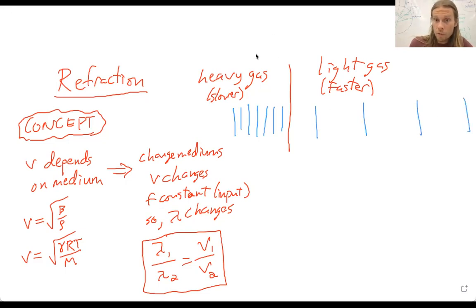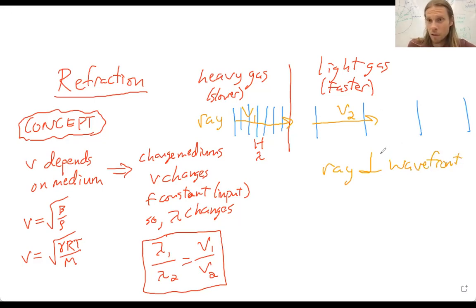Now, remember, these are wave fronts. So this is lambda, and we have the ray representing the velocity v1, and here we have the ray v2, right? The ray is always perpendicular to the wavefront. Now, the wavefronts are the geometric way to look at the cause of refraction.